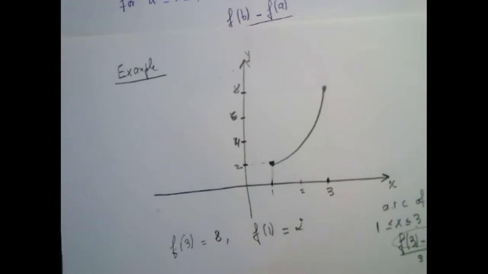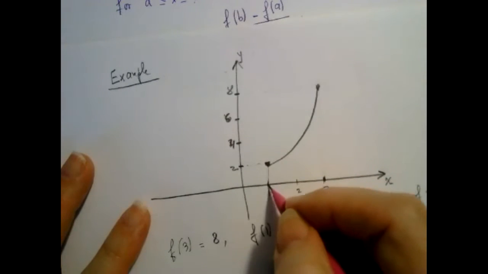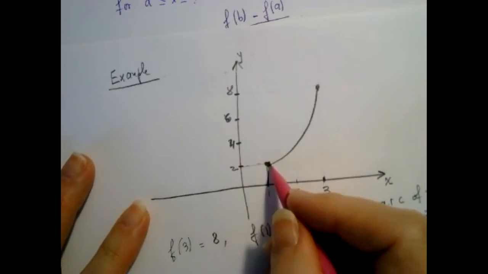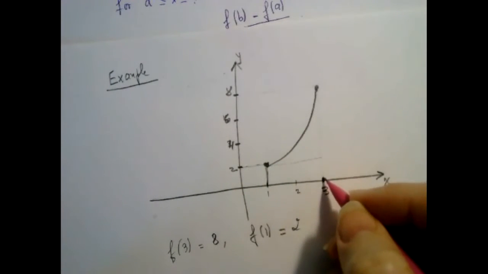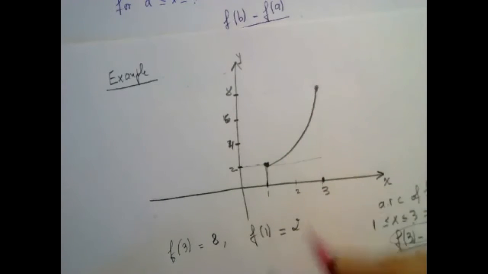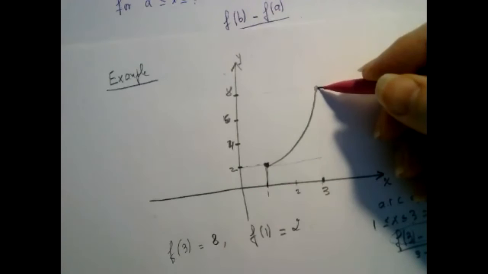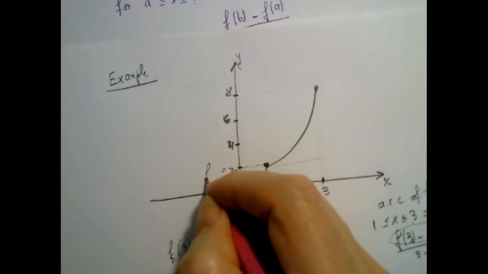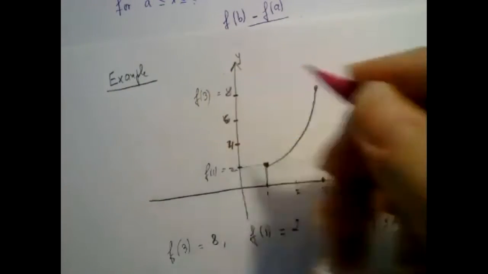So I'm going back to my picture. I want you to listen to me. f of 1 is the value of the function at 1, so it's this 2. f of 3 is the value of the function at 3.